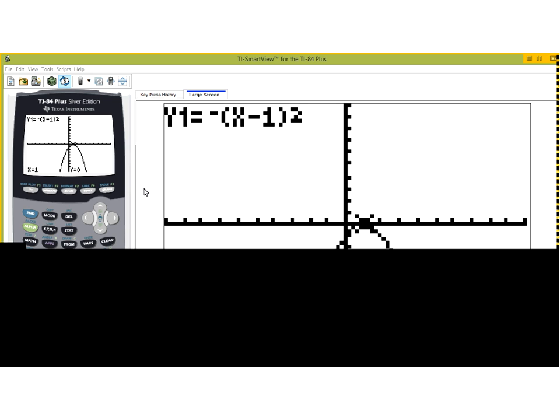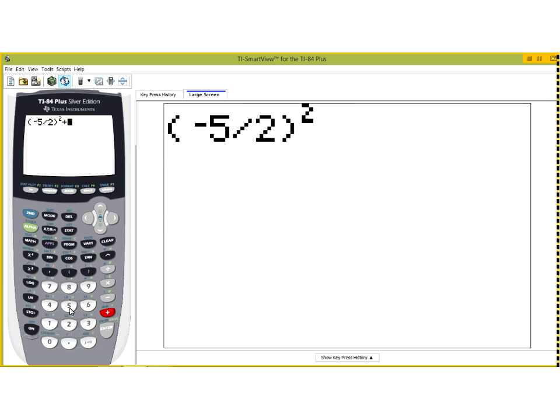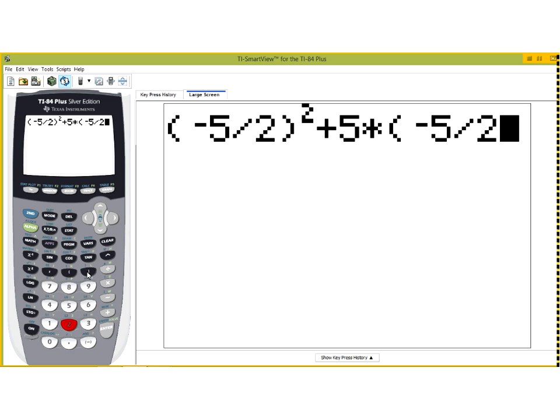There we are. Okay. So parenthesis minus 5 halves squared plus parenthesis minus 5 halves. Oh, no. I messed up, didn't I? It's 5 times minus 5 halves.